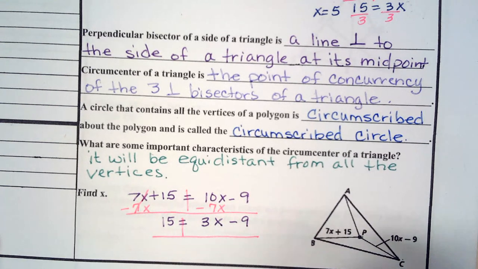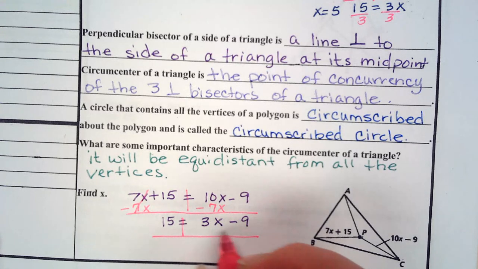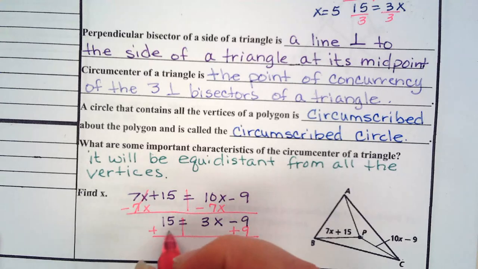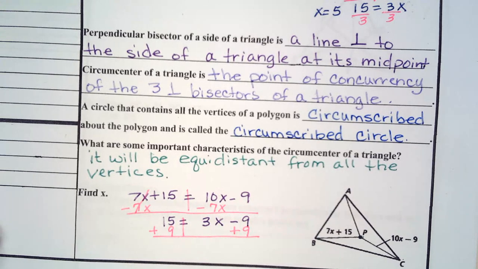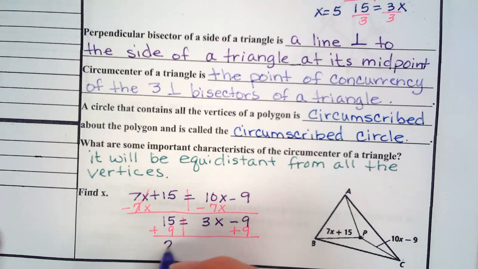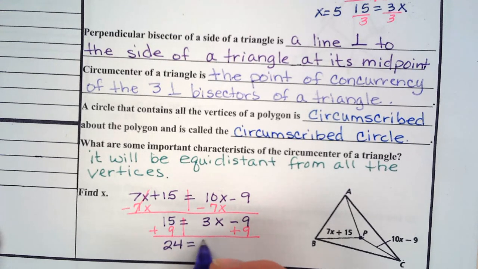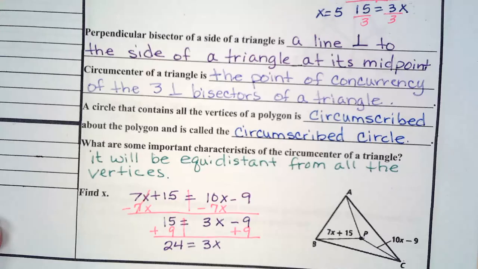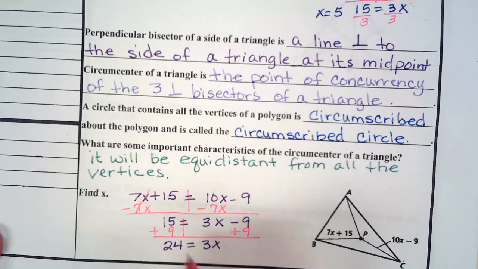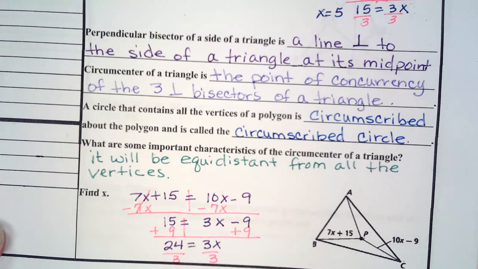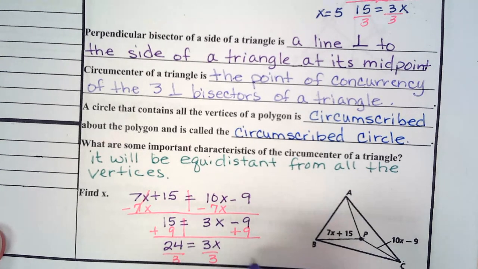I've got to get my numbers to the same side. I've subtracted 9. The opposite is to add 9 to both sides. 15 plus 9 is 24, is equal to 3x. Divide by 3, and 8 is equal to x.